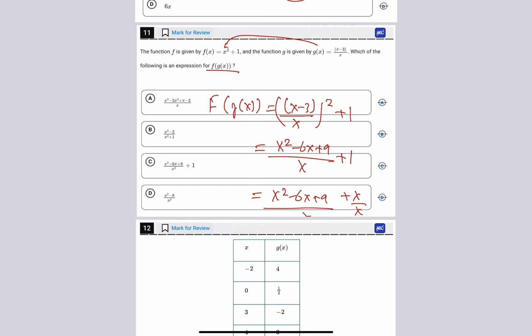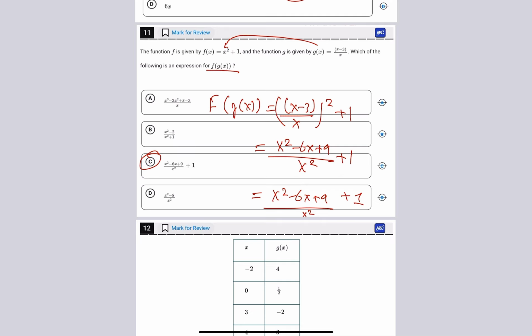Now, my bad. This is x squared, but we don't really need to work on it, just by looking at the answer choices, this is the correct answer. It's x squared minus 6x plus 9 over x squared.